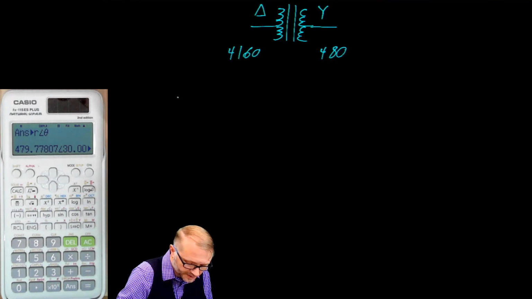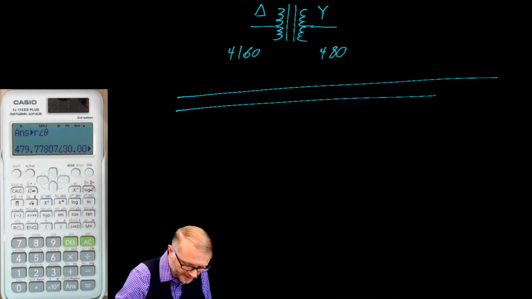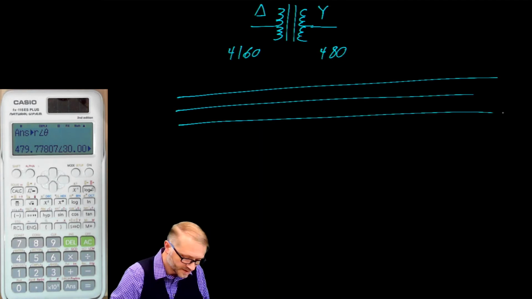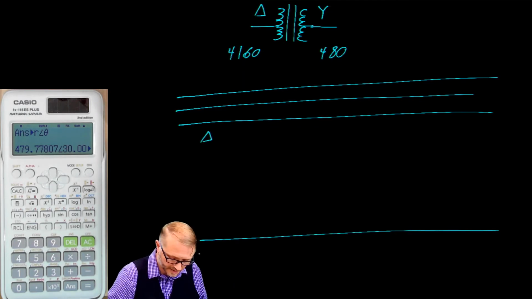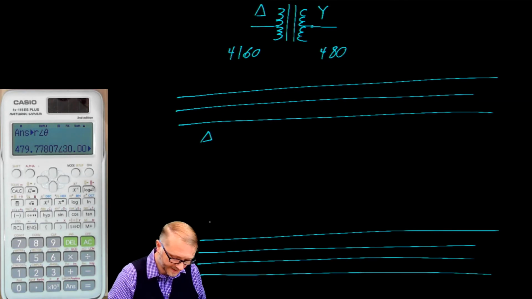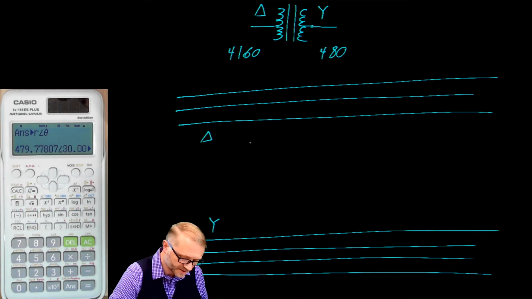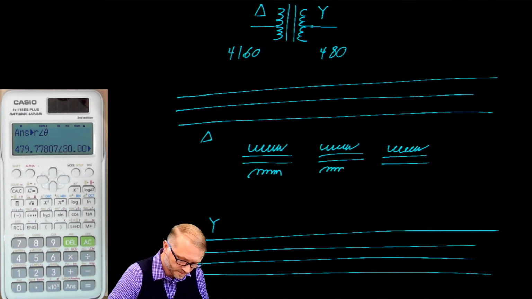This is what it would look like with all of the wires drawn in. So we'll let this be our 4160. We're going to make a delta here, and we'll let this be our 4-wire Y connection leaving. So we'll draw the transformers here, and then we'll connect them up.